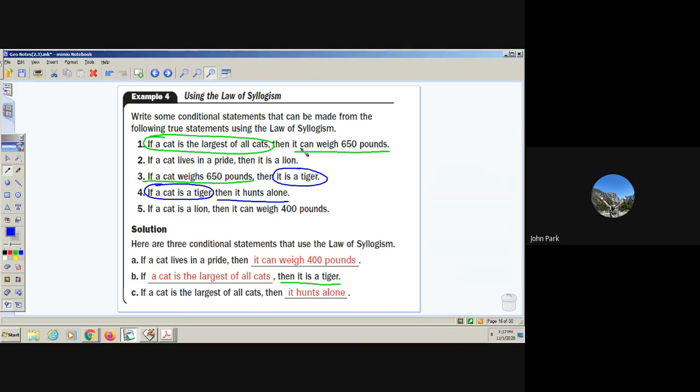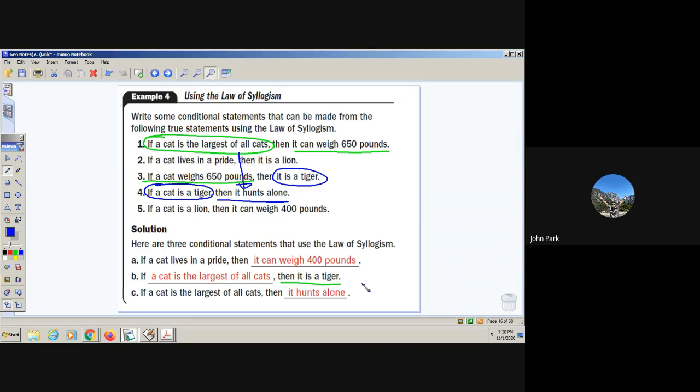So I'm making several jumps using the law of syllogism. You could jump once, twice, or even more, starting from A, skipping B and C, and then going to D. So if A, then D. We're skipping two things in the middle.